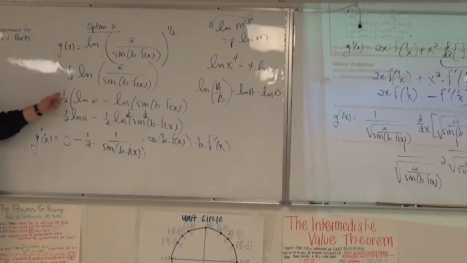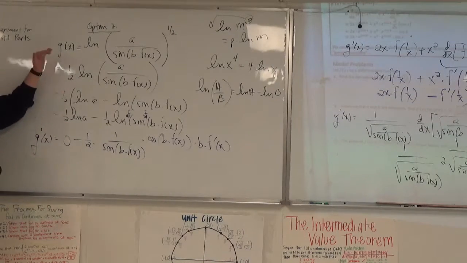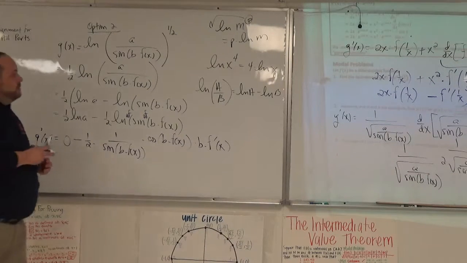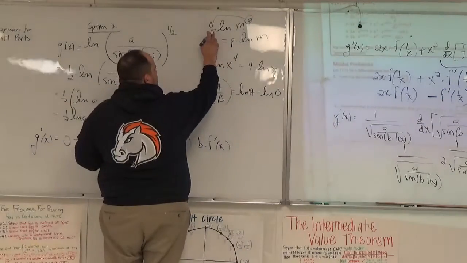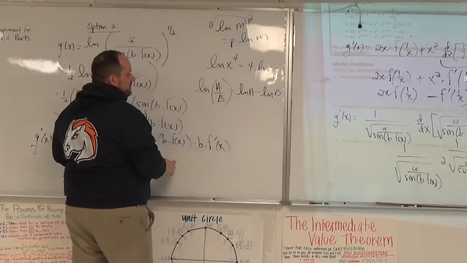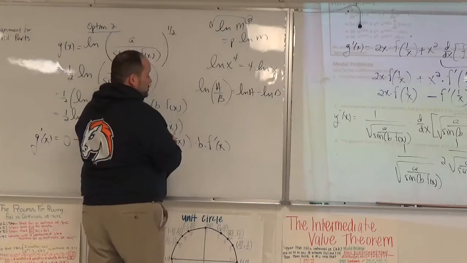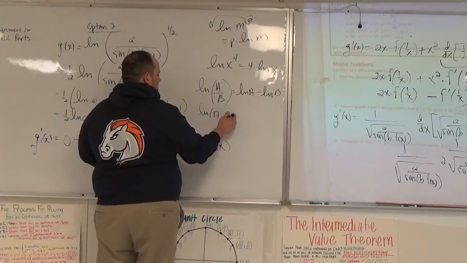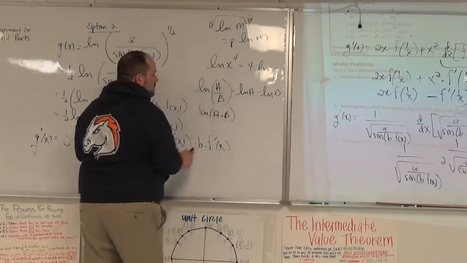Although the log properties may not have been something that you snapped to right away, does everyone at least see that if you had the log properties accessible and use them well, derivative life just becomes a whole lot better? A whole lot better. So, in addition to knowing that the natural log of something to a power is that p in front of the log property, and knowing the natural log of a quotient, the other log property that's really helpful to have is if you have the natural log of a product.